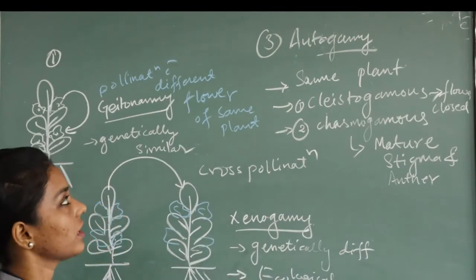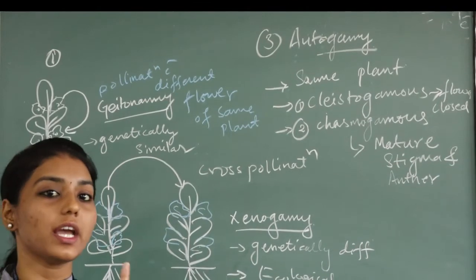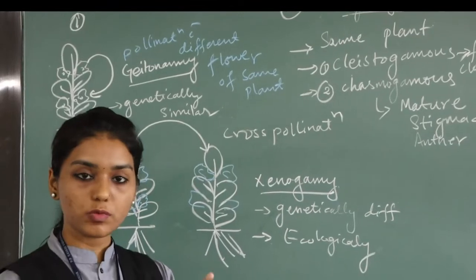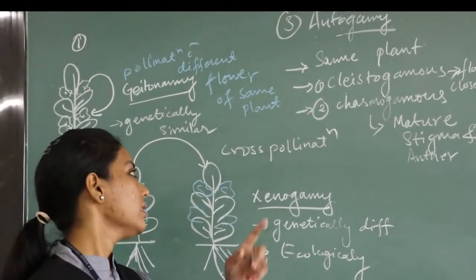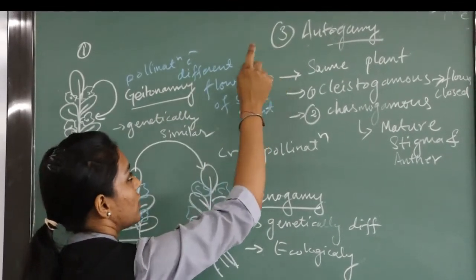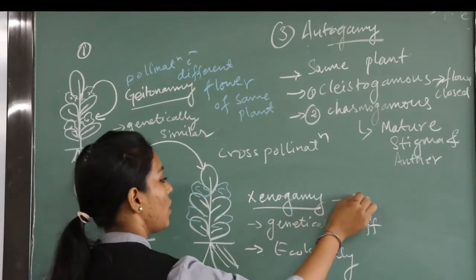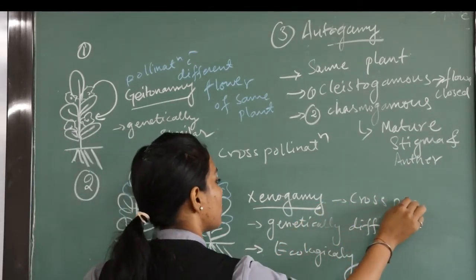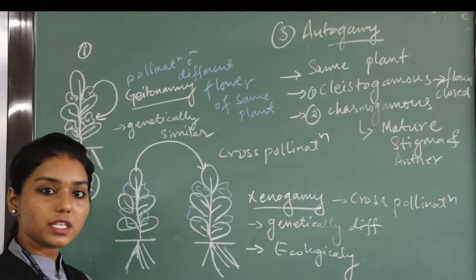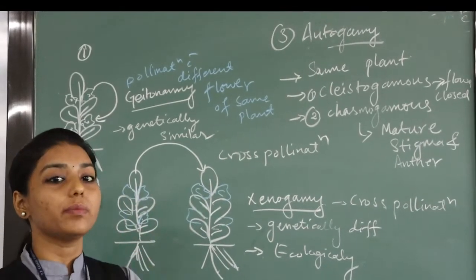I hope you are all clear with the conditions which favor both self-pollination and cross-pollination. We have completed the types of pollination. Geitonogamy and autogamy are types of self-pollination, and xenogamy is a type of cross-pollination. In cross-pollination, pollen grain is transferred from anther to stigma of a different plant.